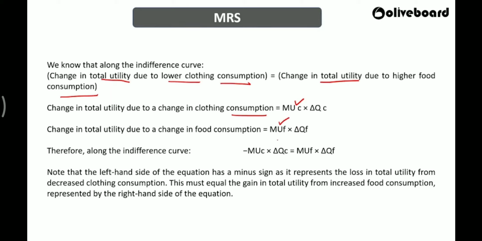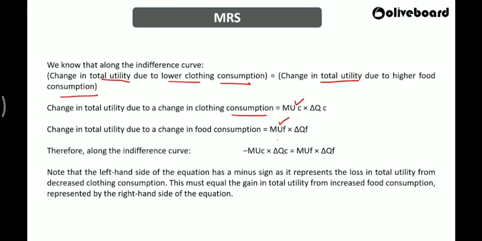Marginal utility means the additional satisfaction. You are adding one more unit, no? So the satisfaction you are going to get from adding one more unit of clothing, or adding one more unit of food, that is called marginal utility. Marginal utility means the additional satisfaction. From 1 unit of food, I have increased to 2 units.